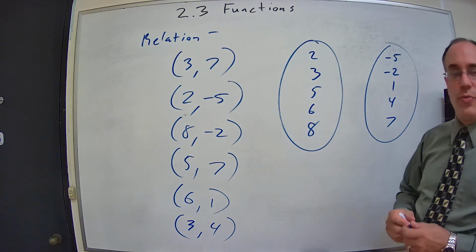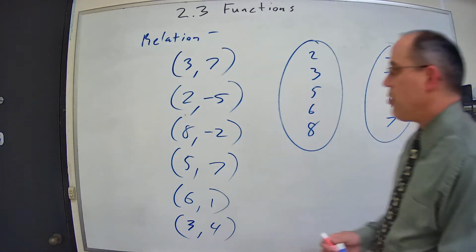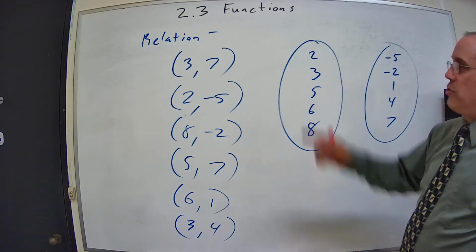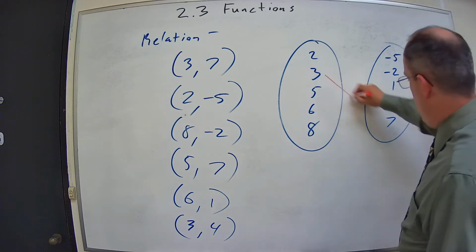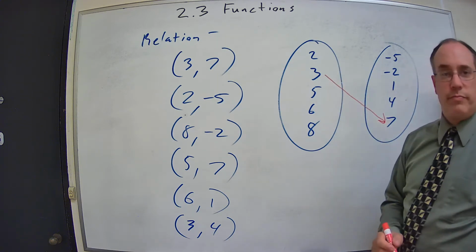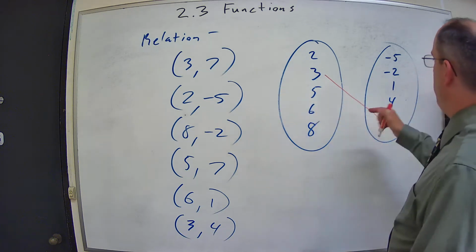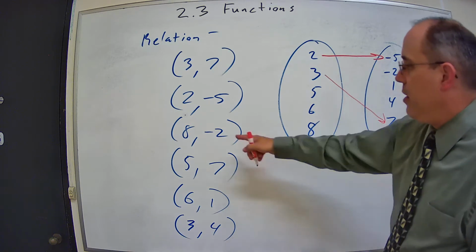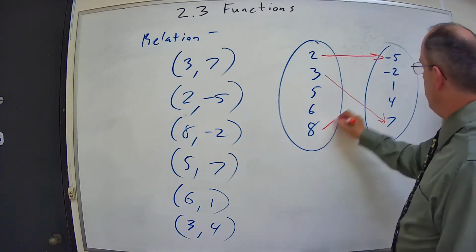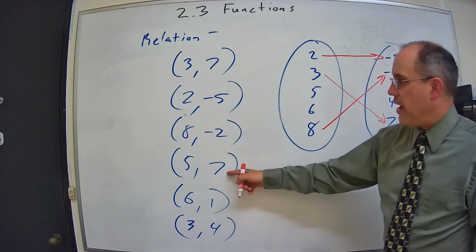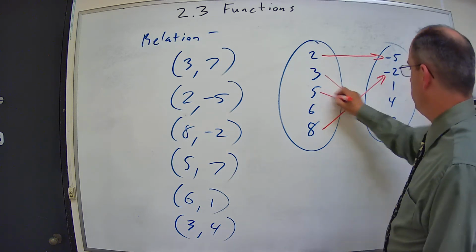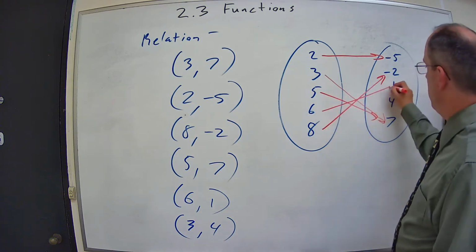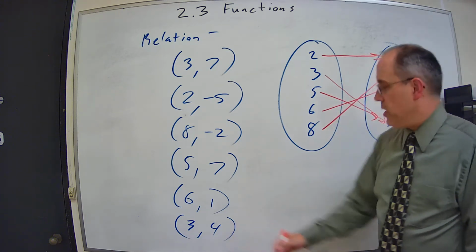Now how I can show this relation is I can draw arrows from each starting point to its ending point. So I've got (3, 7), so 3 goes to 7. 2 to -5. 8 to -2, 5 to 7, 6 to 1, 3 to 4.